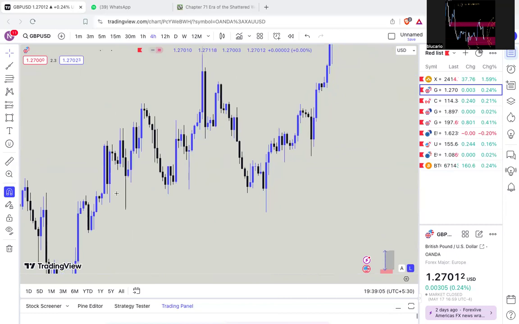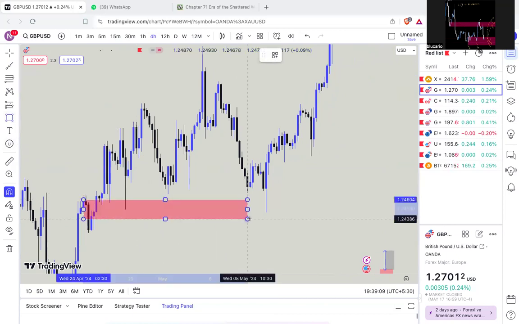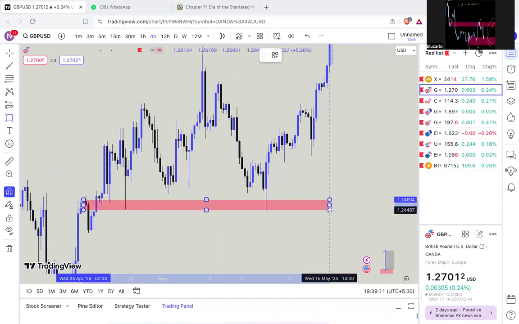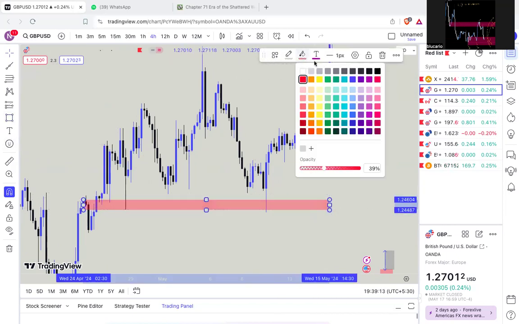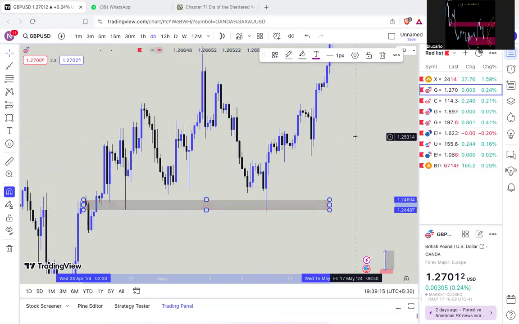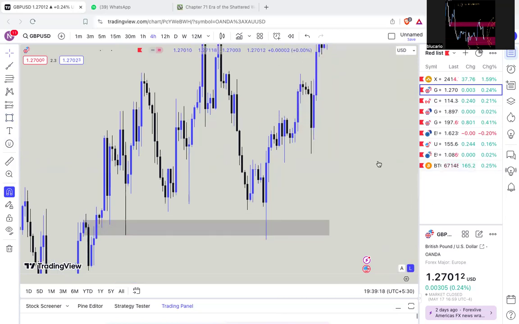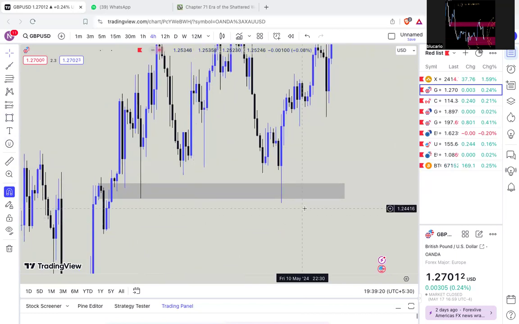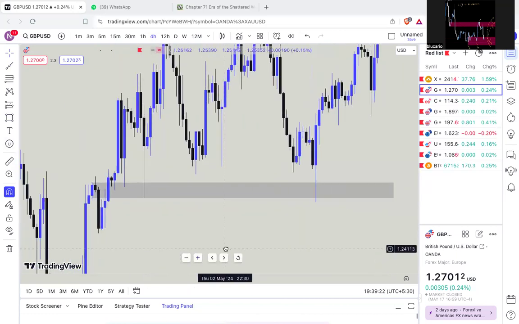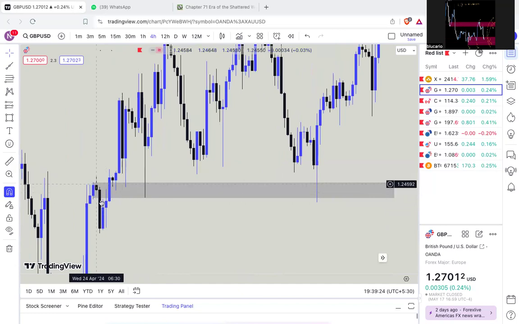I'll show you a few examples here. See here. As you can see, we have an engulfing sell fail zone, right?